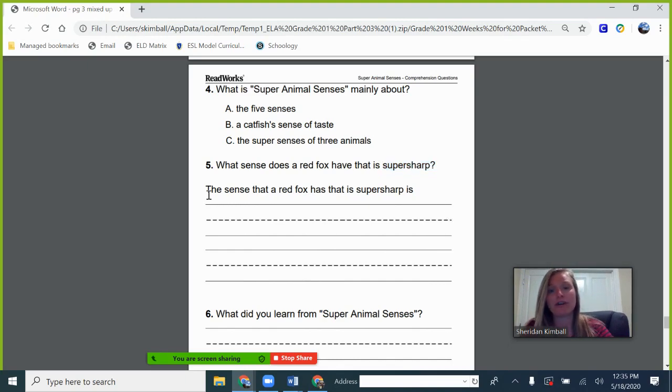Now we have a sentence starter. The sense that a red fox has that is super sharp is, so it sounds like we're going to need to go back into the reading to figure out which sense was the best. What could the fox do really well?